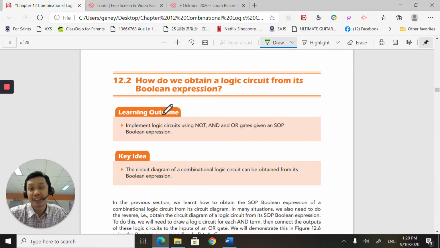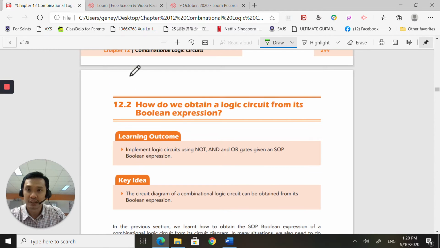Okay, welcome back to the second part of this chapter on combinational logic circuits. In the previous chapter, I gave you the circuit layout and told you to come up with the SOP expression.